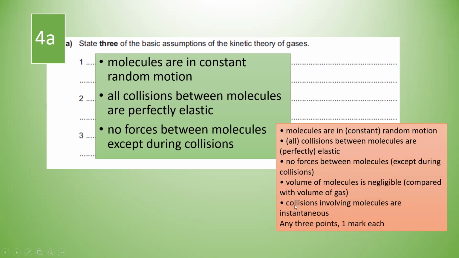We are looking at ideal gas when we consider kinetic theory. That's why we have to impose certain assumptions. These are others: volume of molecules is negligible compared to volume of the gas. Collisions involving molecules are instantaneous.